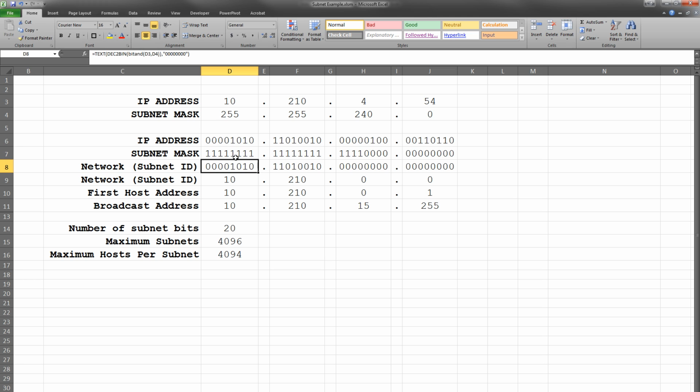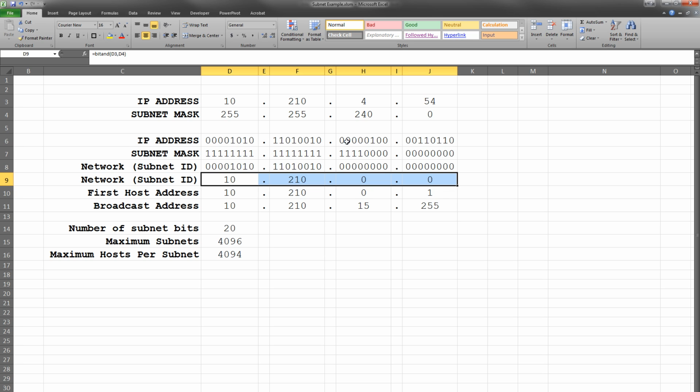And so on and so forth until you get the network address. Convert that to a decimal value, and here's the network address, 10.210.0.0. That means our first host is simply 1 higher than that value, 10.210.0.1.